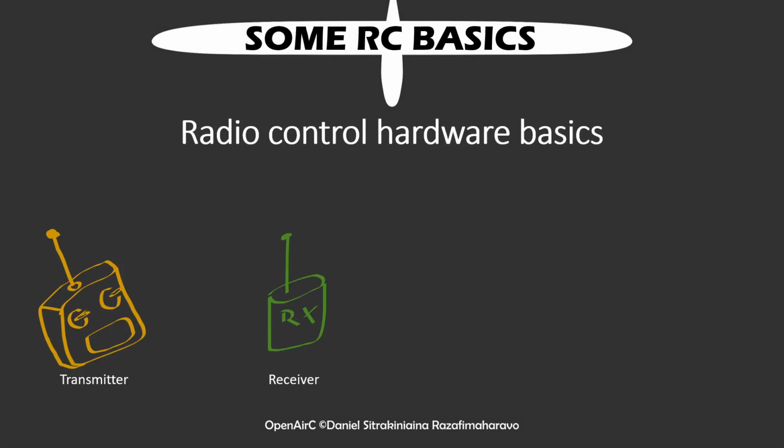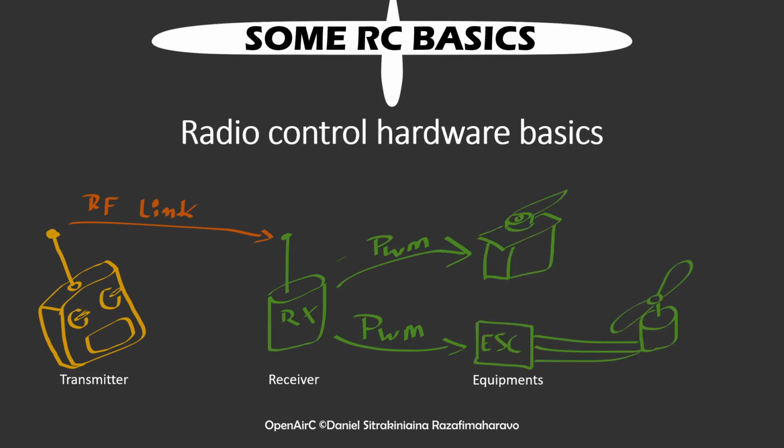The very basic equipment of an RC hobbyist is a radio control transmitter and a receiver. As its name implies, it uses radio frequency to send data over to the receiver, and then it can be converted by the receiver to PWM in order to communicate to the equipment, for example, your servo or ESCs.